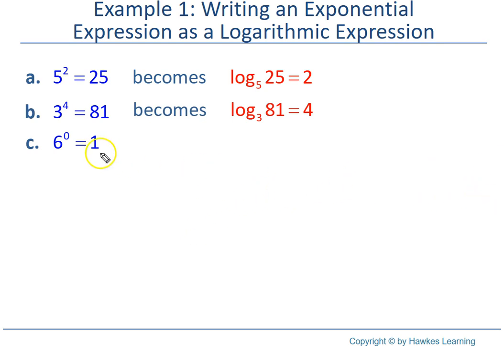Let's just check it out. So log, our base is 6, our answer is 1, and our exponent is 0. Now remember, anything to the 0 power is 1. This is exponential notation. This is logarithmic notation.